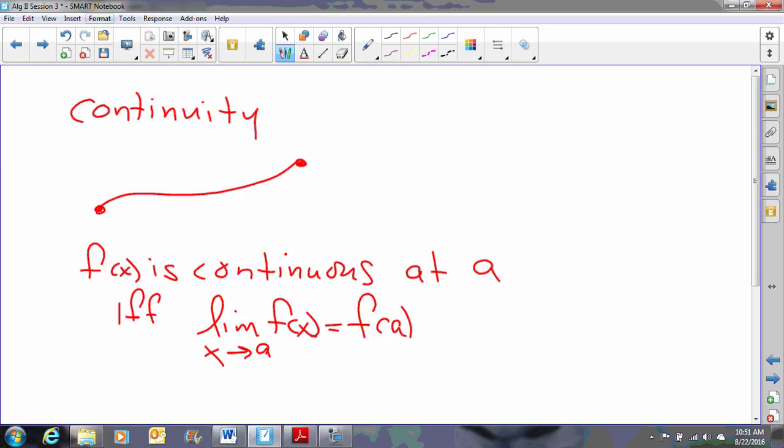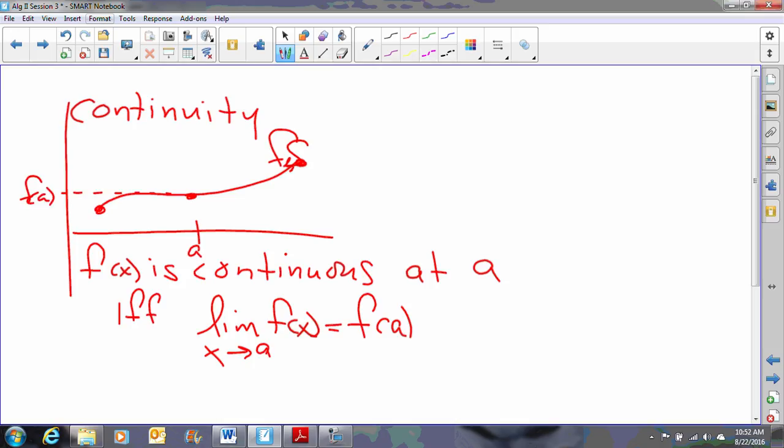Now, if you think about this, let's put an xy axis on this, and we'll let this be f right here, and let's let this be the point a. This value would be f of a, and as we approach a from each side, if the value of the function is approaching f of a, then we know the limit as x approaches a of f of x is equal to f of a, or is equal to this value here.